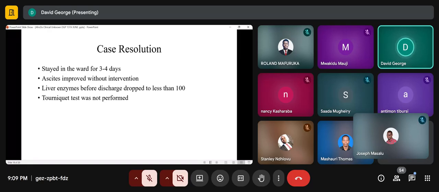So some of the tests that can be done during physical examination, like the tourniquet test, will tell you this patient is having vascular fragility. The way it's done is you apply a blood pressure cuff, you measure the patient's blood pressure. So that way you'll determine the systolic as well as diastolic blood pressure.